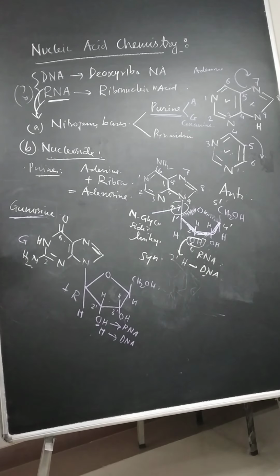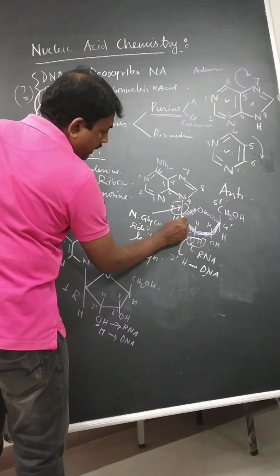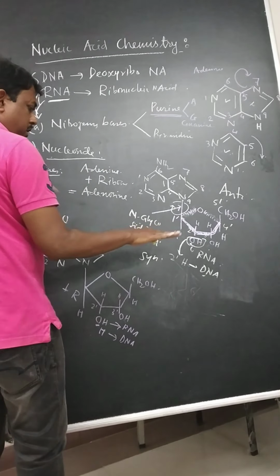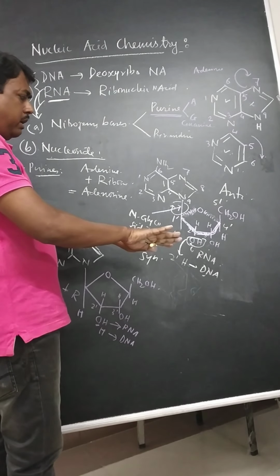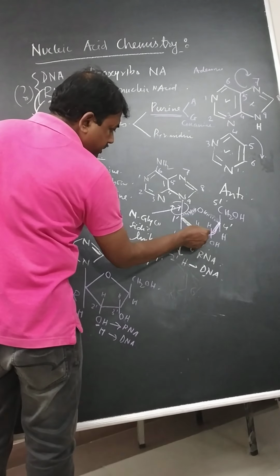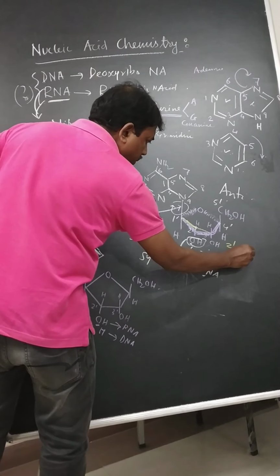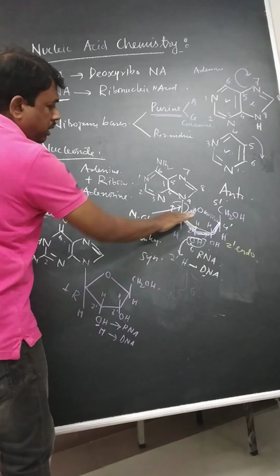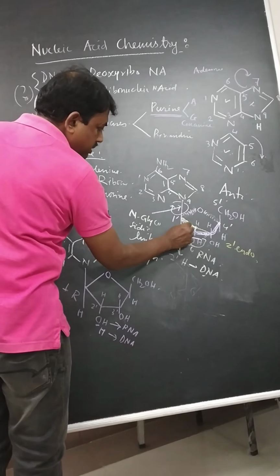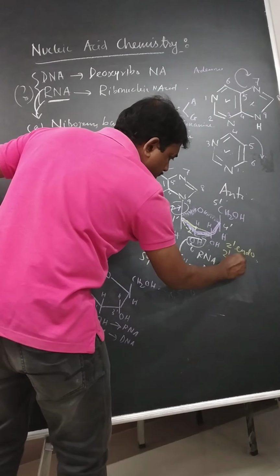Now this 2 prime carbon can be above its normal plane. If it is above, this is known as 2 prime endo. And if it is below the plane, at this position, this is known as 2 prime exo.